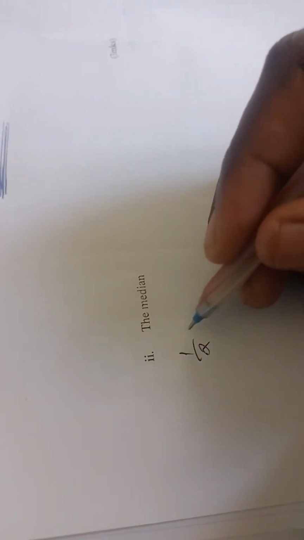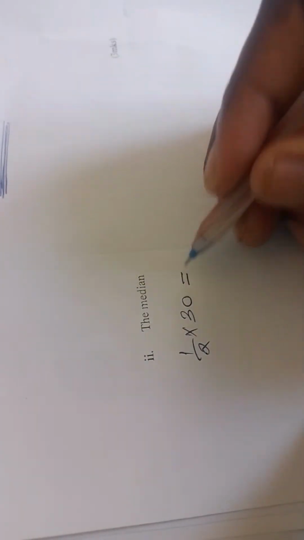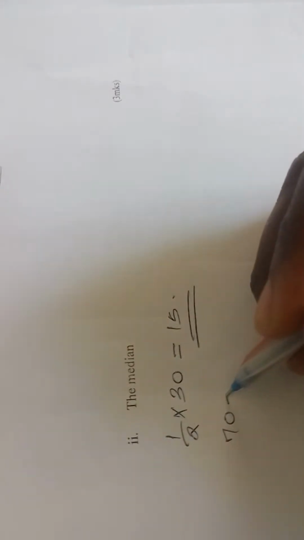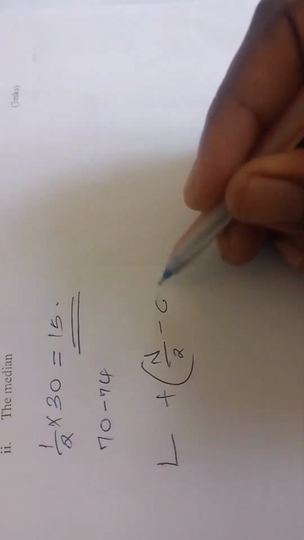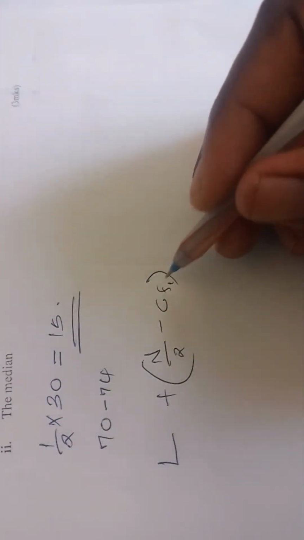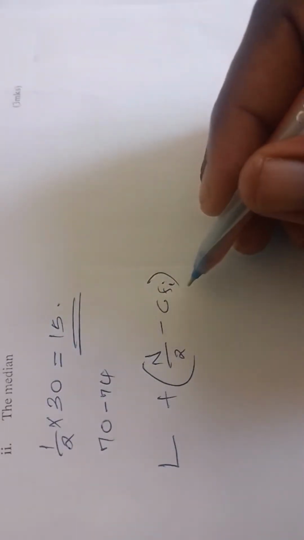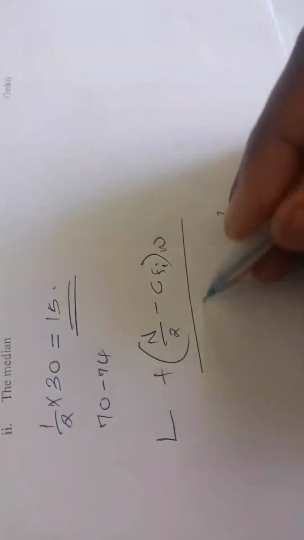Then after that, that is the column of cumulative frequency, but now we need to find the median. So for the median, first we need to divide the total data by 2. This one will be 15. Then this one lies here. So the class is 70 to 74. Now the formula is L plus N, the total frequency over 2, minus the cumulative frequency above, times the class size over the frequency of that class.